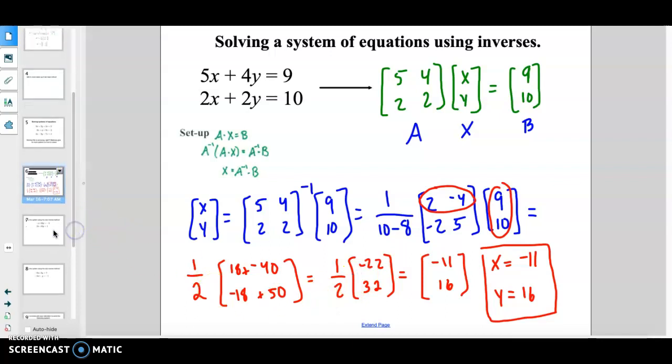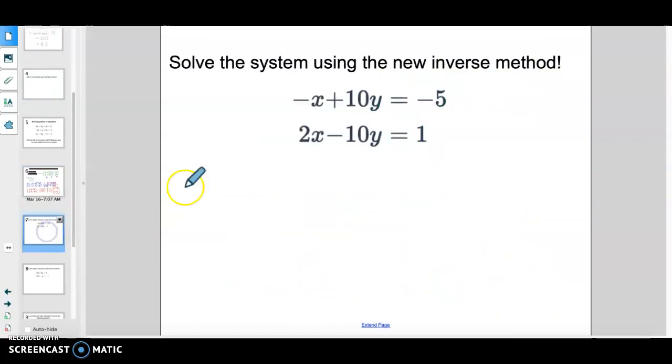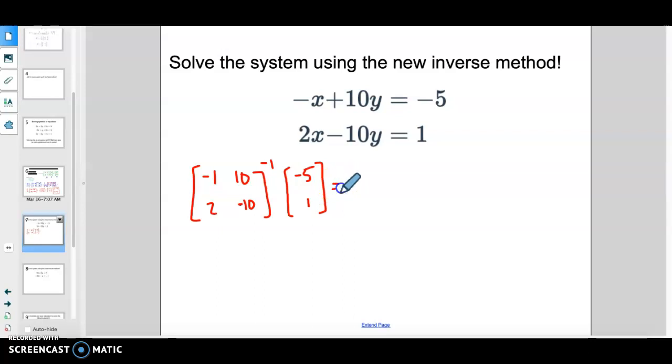I'll show one more by hand really quick. Setting this up, I'm just going to jump to it: it's going to look like -1, 10, 2, -10. We want to find the inverse of that, and we're going to multiply by -5, 1. If you want to skip this example, feel free, and you can jump to the last one.